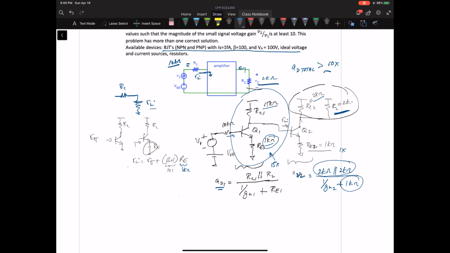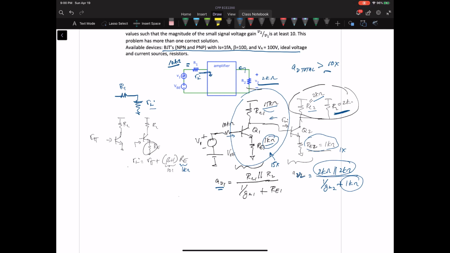But then this forced me, because I want to start with a gain higher than 10, to go to something like 15K ohm on the output. So that's why the choice of 15K ohm and 1K ohm came from. And then again, I picked RC2 for this second amp to be 2K ohm, and this one to be 1K ohm again to have high input resistance, so as not to load the gain of the first one down.